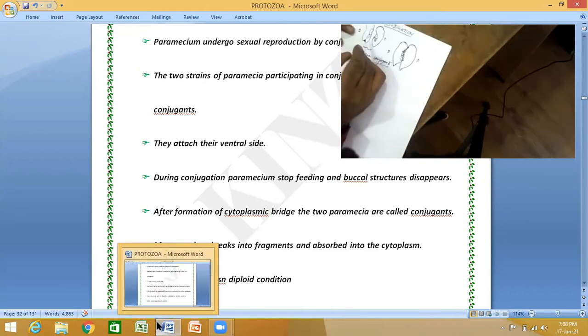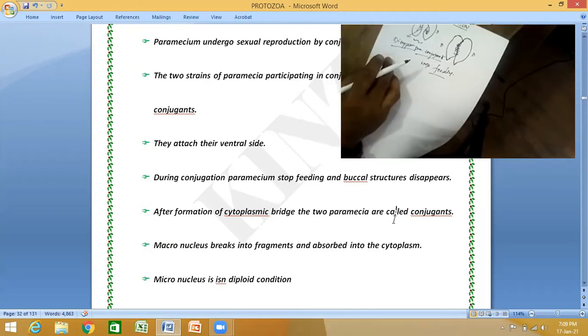Disappearing of the buccal structures is the first step in the conjugation process. After the formation of the cytoplasmic bridge, these two paramecia are called conjugates. The macronucleus breaks into fragments and is absorbed into the cytoplasm.